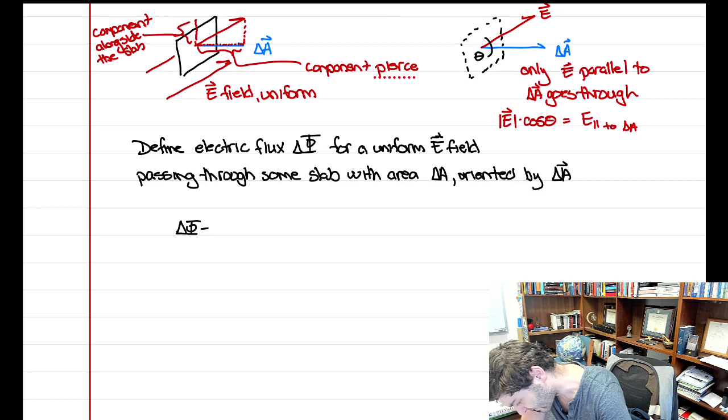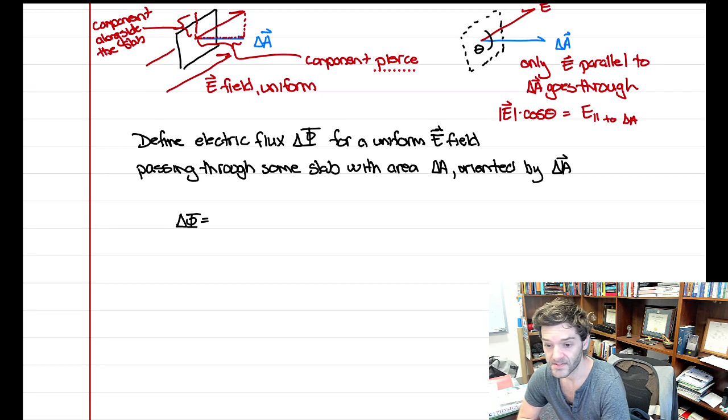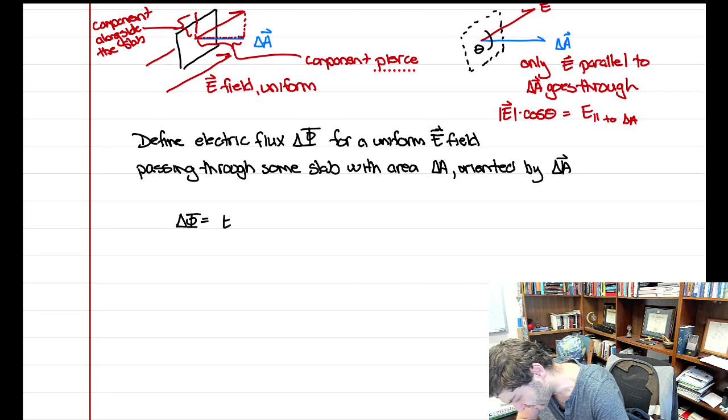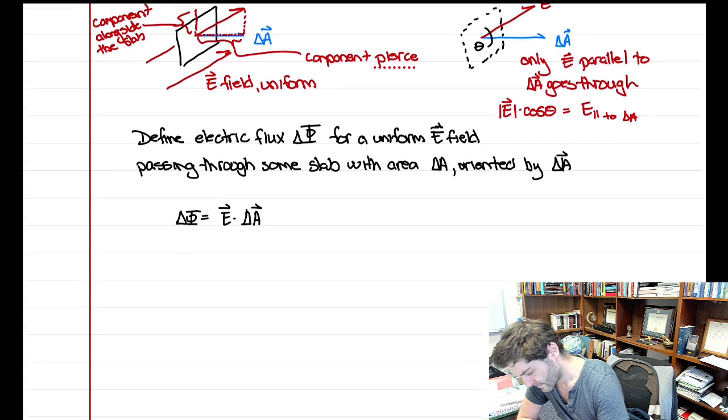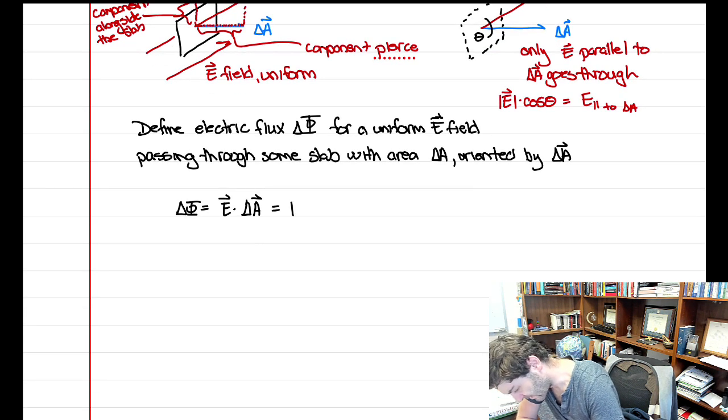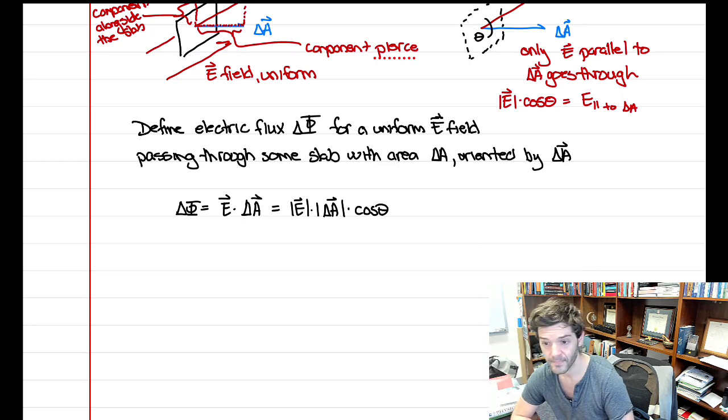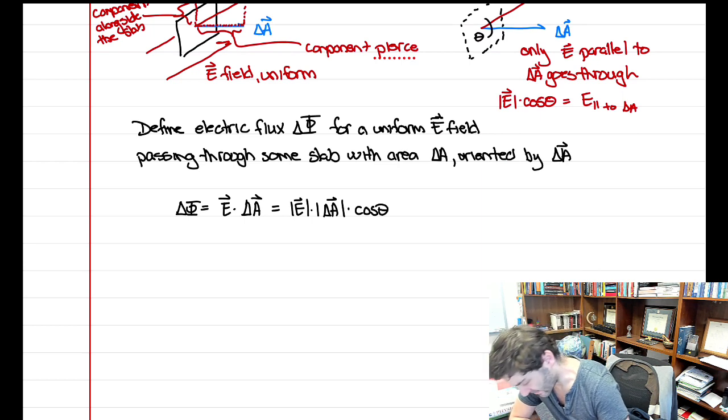So delta phi equals simply the dot product of the electric field with that vector delta A, which we know is the same thing as the magnitude of the electric field times the magnitude of that vector delta A multiplied by the cosine of the angle between them. That's just the definition of the dot product.